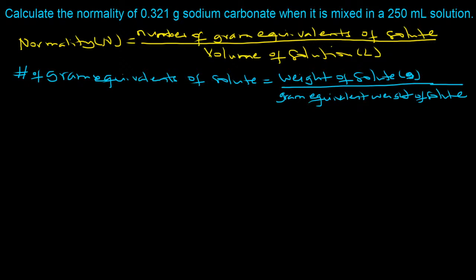So your number, which is the term in the numerator here, this is how you find it. It's the weight in grams divided by the gram equivalent weight of solute.